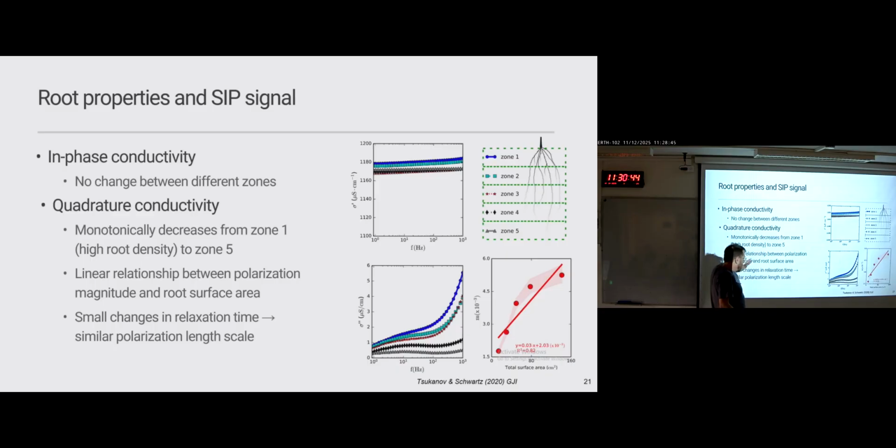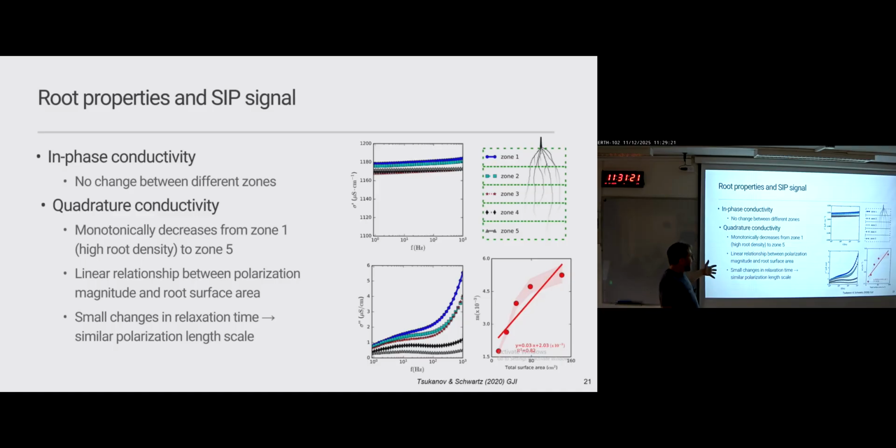And we more or less see that we don't have big differences in relaxation time, which means that the polarization length scale is more or less the same in every location. And actually, this is not really surprising for wheat, because in wheat the diameter of the root does not change a lot with age. So we expect to have similar roots in different zones. Okay.